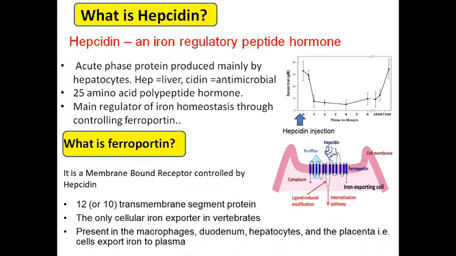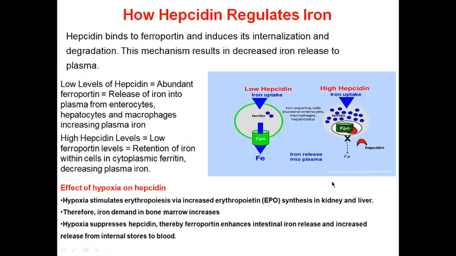Ferroportin, on the other hand, is a membrane-bound receptor which is controlled by hepcidin. It is a transmembrane protein, with about 10 to 12 segments running in the cell membrane, and it is present in macrophages, duodenum, hepatocytes, and the placenta. When hepcidin binds with ferroportin, it causes its internalization.